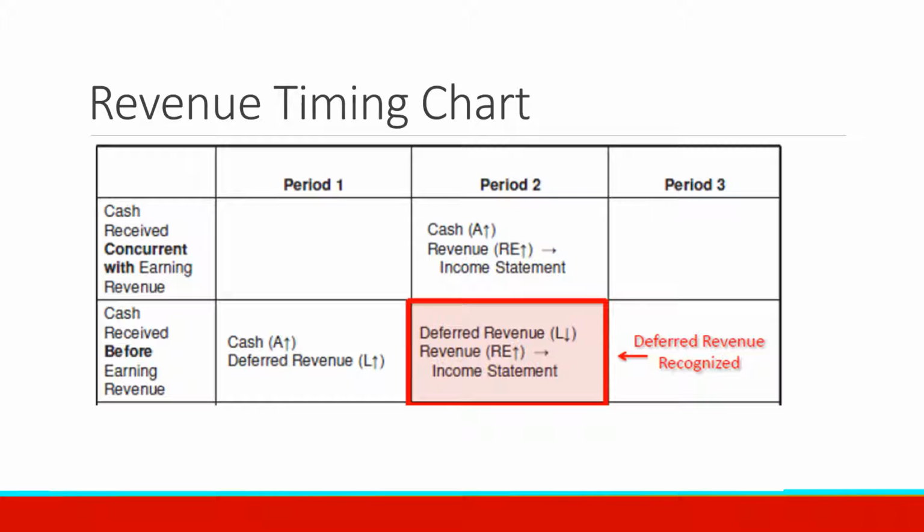So what will happen with this magazine subscription is over the course of a year, you will deliver the magazines. The deferred revenue account originates by going up and then declines, is liquidated, is reversed over the course of the year as you deliver the magazines. And simultaneously, as the deferred revenue liability is decreasing, you are recognizing revenue.